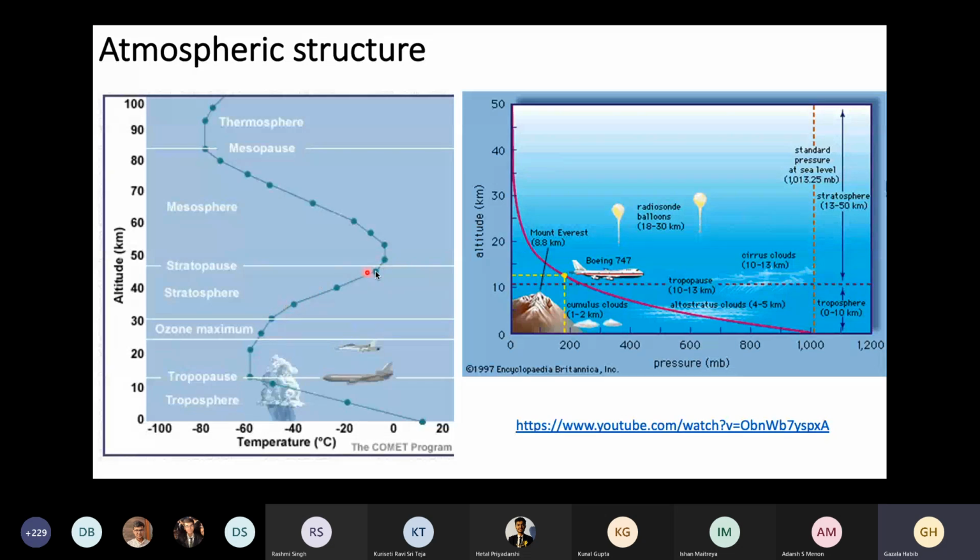In a certain part it's linear, in the stratosphere, and even in the troposphere it's linear. This is what we also get from the derivation, that the temperature lapse rate in the troposphere is about 9.5 degrees centigrade per kilometer.